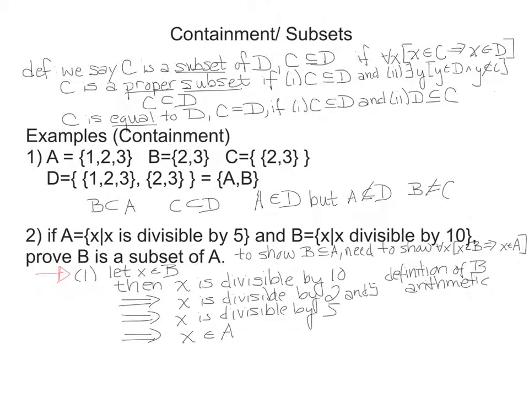Then I rewrote X is divisible by 5 just for emphasis, and if X is divisible by 5, then X is an element of A, again by definition of A. Therefore X is in B implies X is an element of A, which means B is a subset of A, and I am done.